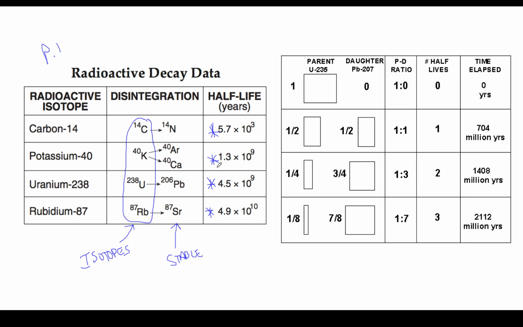They decay at a predictable rate. Environmental factors do not change how fast they decay. So if I were to break this rock down into pieces and burn it, it would still have the same amount of carbon-14 and it would still decay at the same rate.